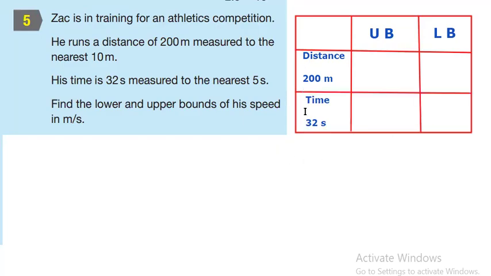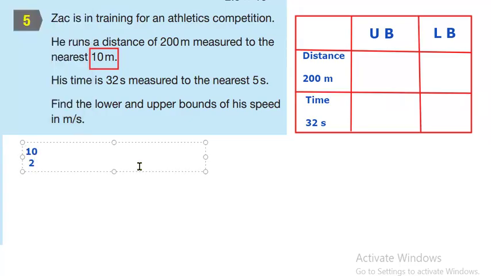Now, we have the numbers that we need to find the upper and lower bound for. First, let's take a look at the distance. The distance has a degree of accuracy of 10 meters. This means to find the absolute error, I have to use the 10. After making sure that the units are the same, I'm going to say 10 divided by 2.